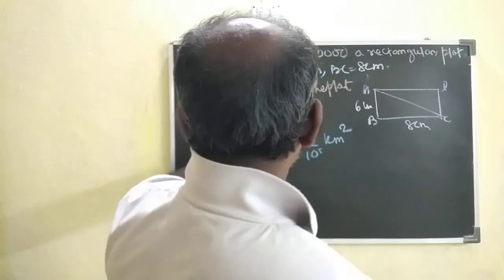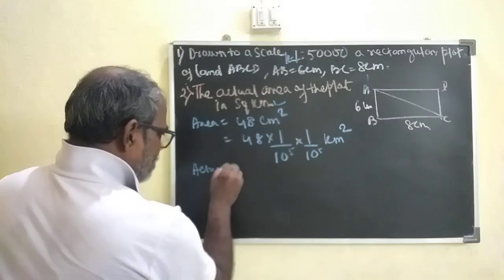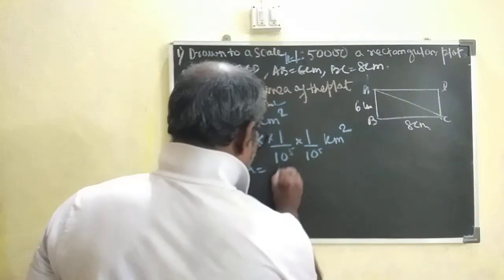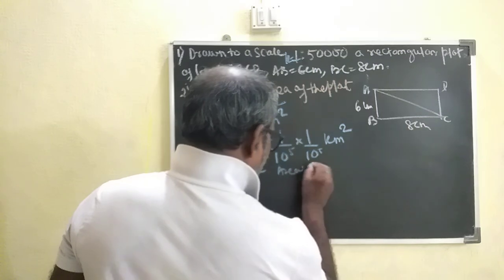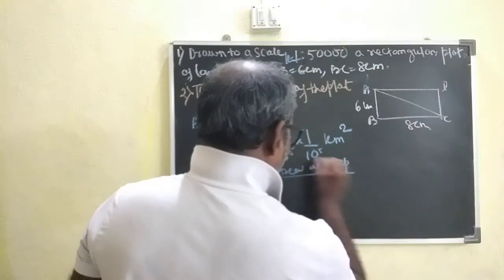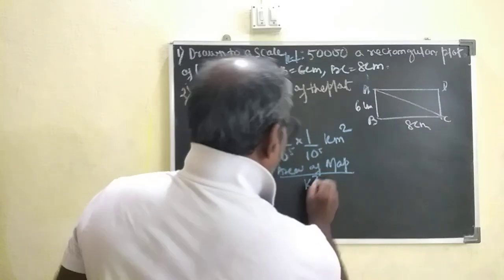Now we have to find out the actual area. We know the formula: actual area equals area of map by K square factor.